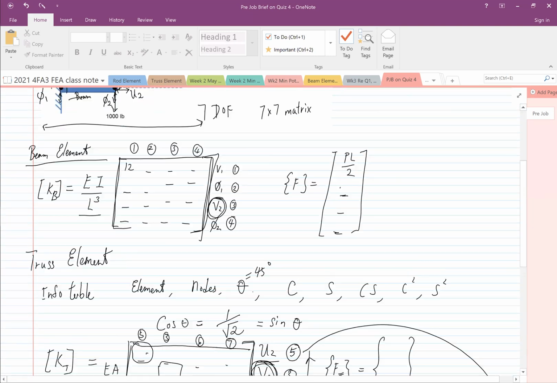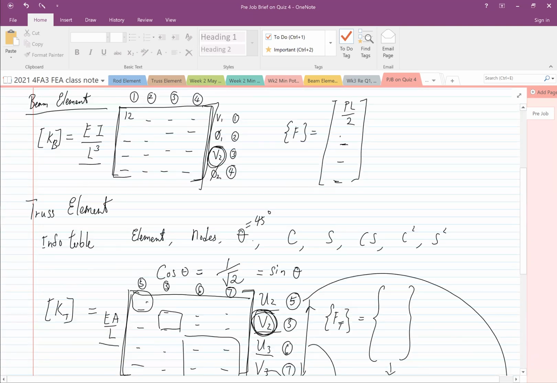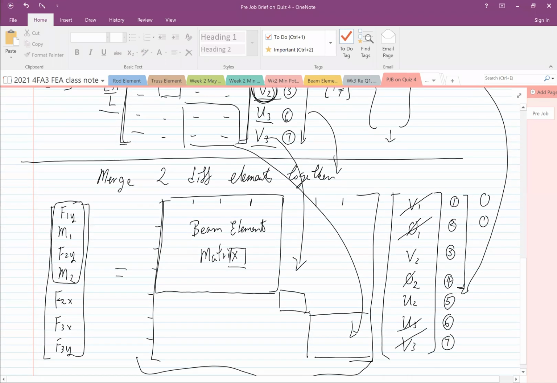And it has an additional force of 1,000 pounds downward, which is minus 1,000. Okay. And then I just apply 1,000 pounds right here. That's the beauty of FEA. Who is taking what? It's a teamwork between the beam elements and the truss elements.